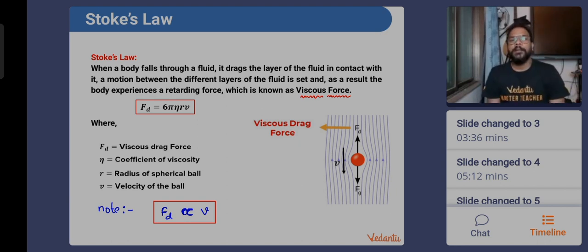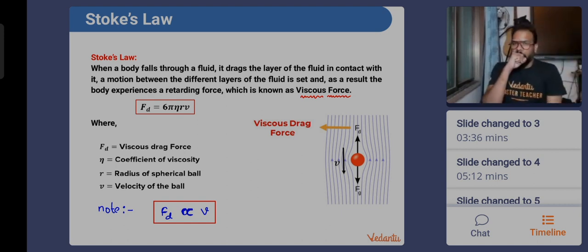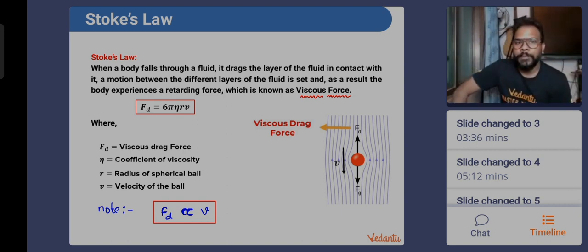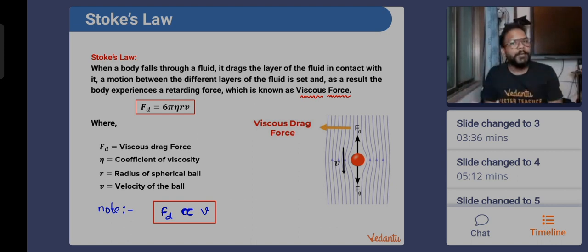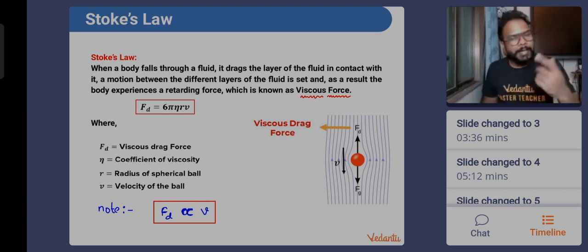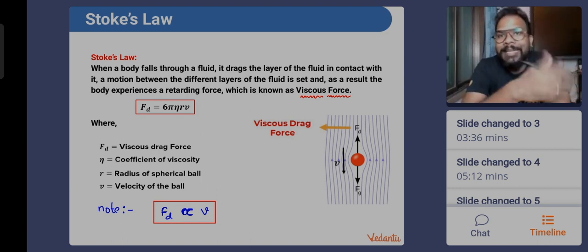In fact, everybody, that is the reason when meteors enter the atmosphere of any planet, say Earth, they are moving at a very high velocity. Because of that high velocity, a very strong viscous force starts acting on them, and when that retarding, non-conservative viscous force does work, it decreases the mechanical energy of the meteors.